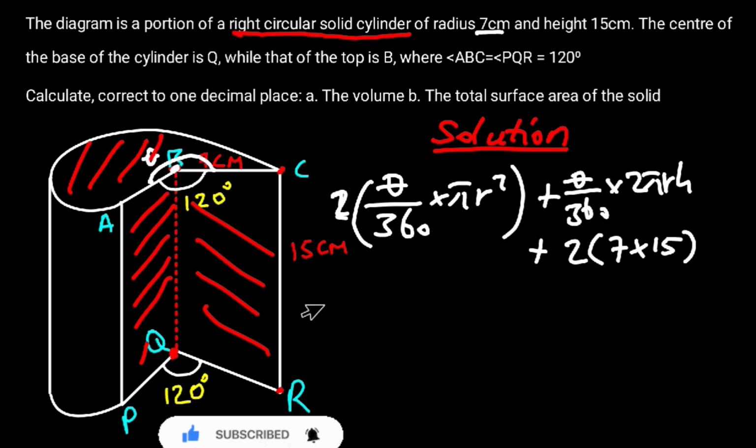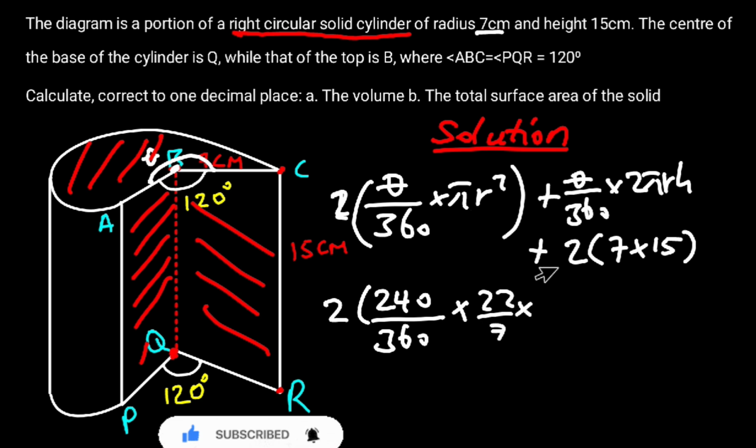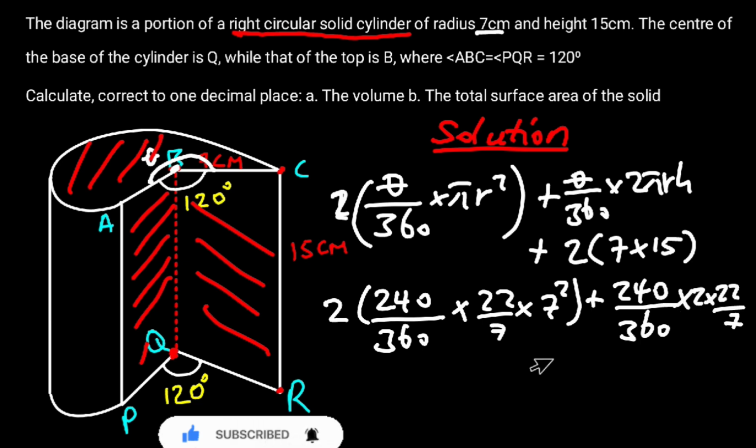So we have 2 multiplied by theta, which is 240 divided by 360, then times pi, which is 22 over 7, multiplied by r square, which is 7 square, then plus theta, 240 over 360, times 2 times 22 over 7, times radius 7, times height 15, then plus 2 multiplied by 7 times 15.